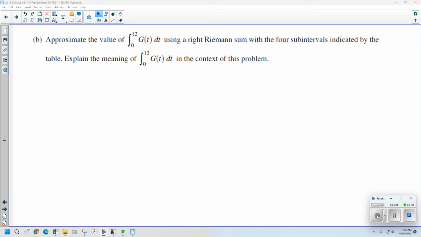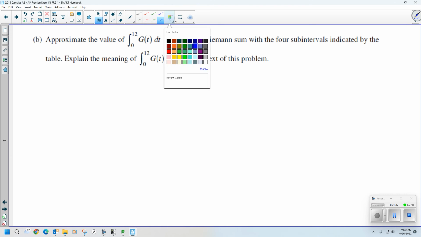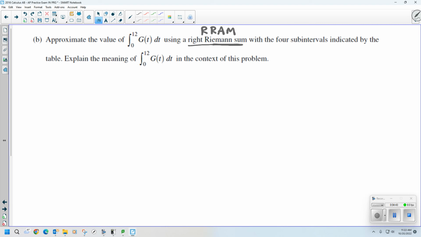2b. Approximate the value of the integration from 0 to 12 of g of t dt using a right Riemann sum. If I see right Riemann sum, I'm thinking RAM, with 4 subintervals indicated by the table.